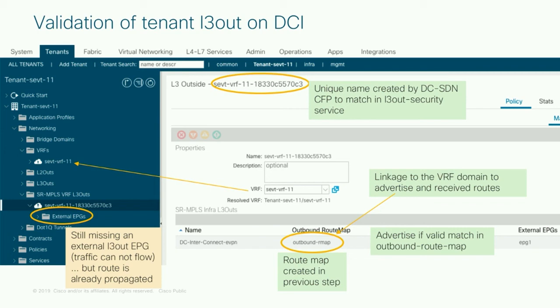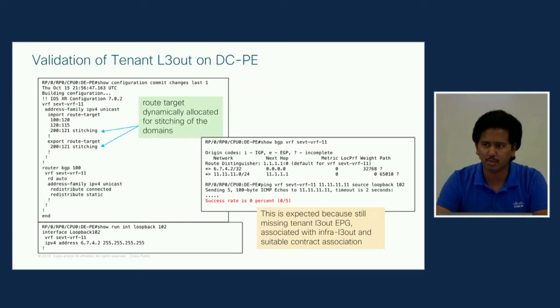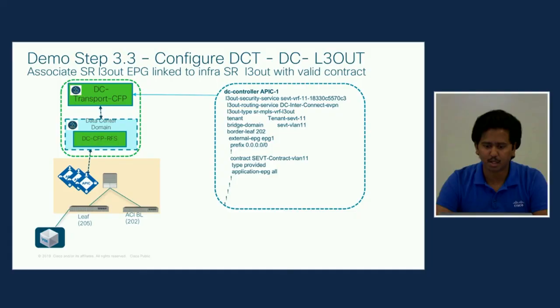But as you can see, the ping is still not successful. This is expected because we are still missing the tenant L3 out EPG to be associated with the L3 out and a contract association. So the final step is to configure the DCT L3 out. That is the configuration to associate the L3 out security service between the SR-MPLS DC interconnect session and associating the contract.